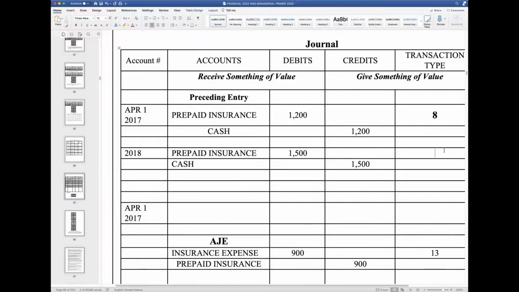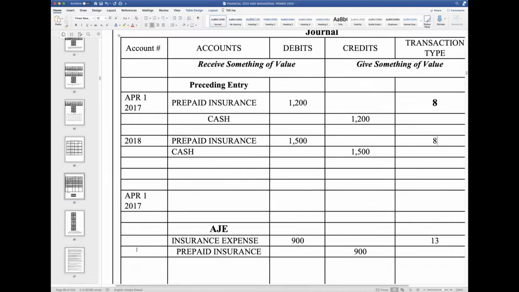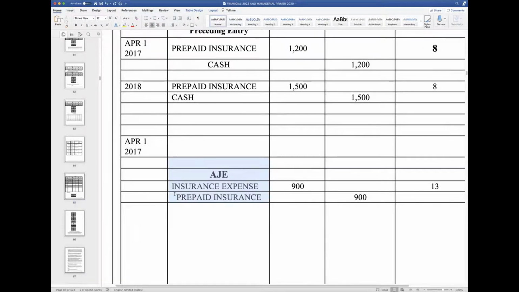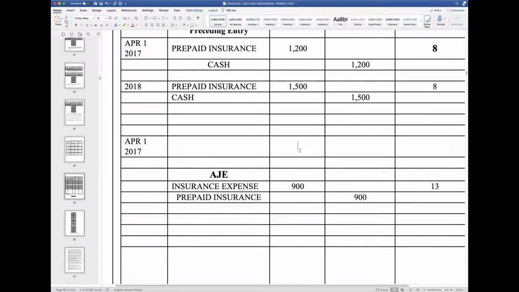Now, what's the adjusting entry going to be in 2018? So this was the 2017 adjusting entry. So hold on one second. Do we do the same, like the months from April to December, or no?